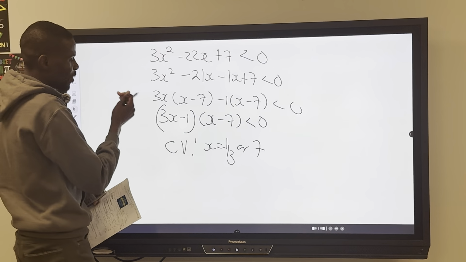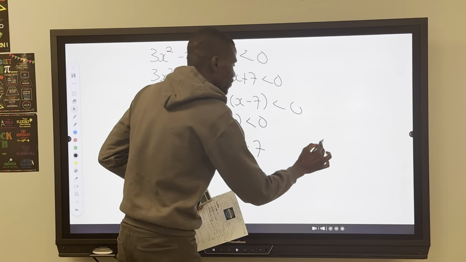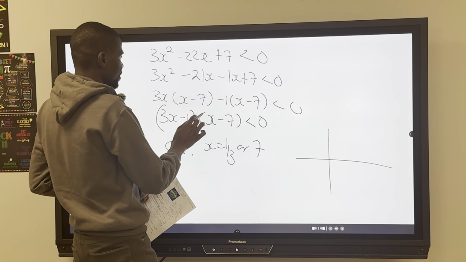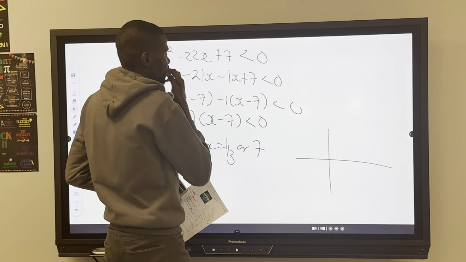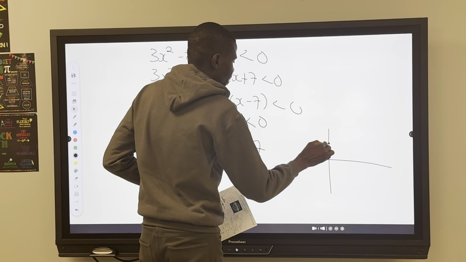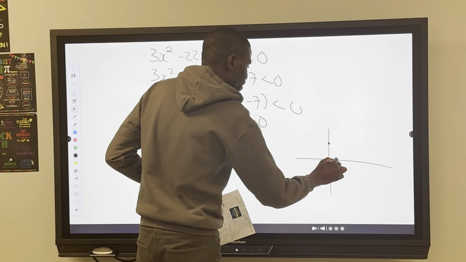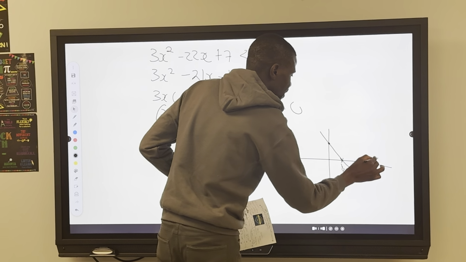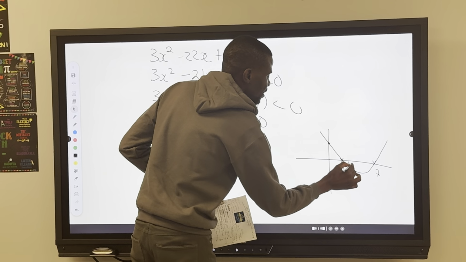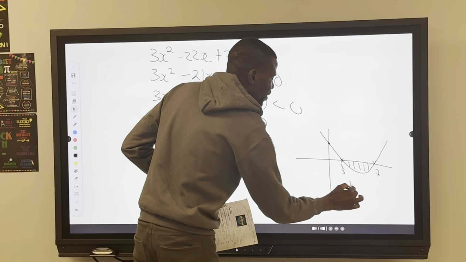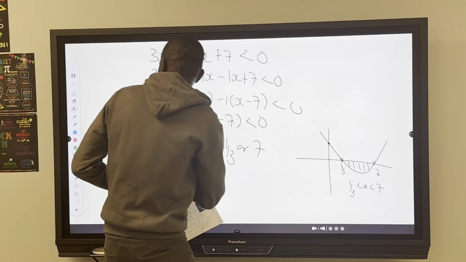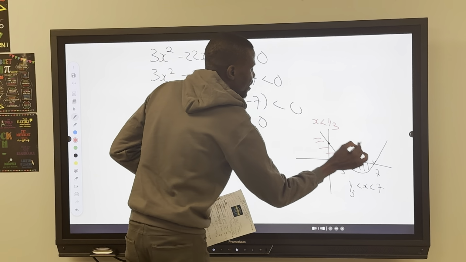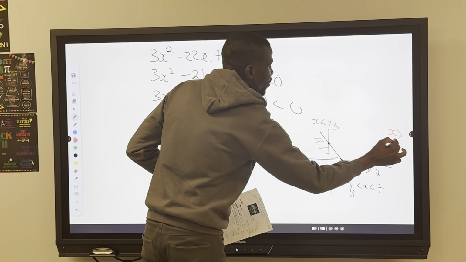Normally, I know we can use the table, but I prefer a graph. So from our graph, we know that when x is 0, y is positive 7, so it's going to be up there. Then we have a third and 7, so the graph is like that. So this shaded part here means 1 over 3 is less than x less than 7, and that part means x is less than a third, and here it means x is more than 7.